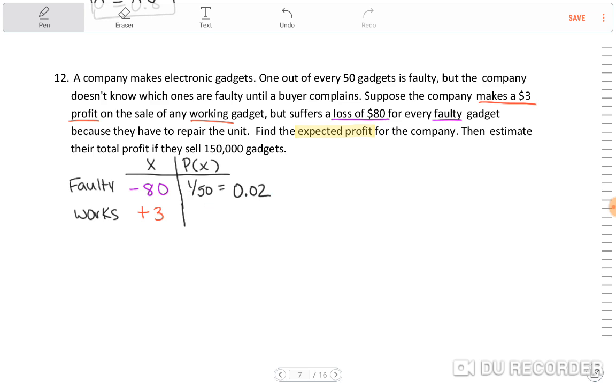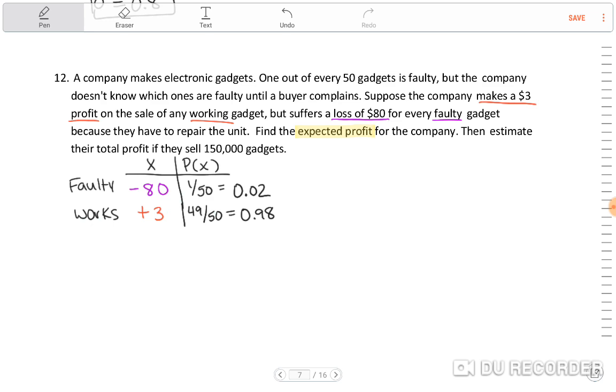Now, if one of them is faulty, then the other 49 must work, so 49 out of 50 or 0.98. Remember, your probabilities have to total up to 1. This is the whole set. It's either faulty or it works, and that's it.